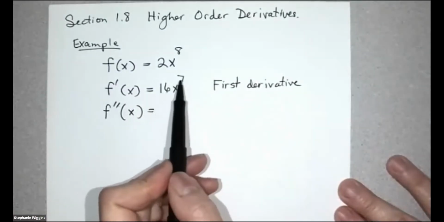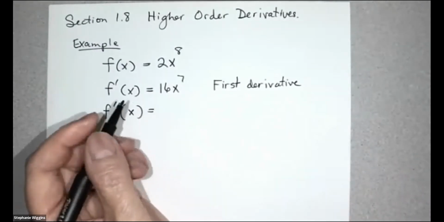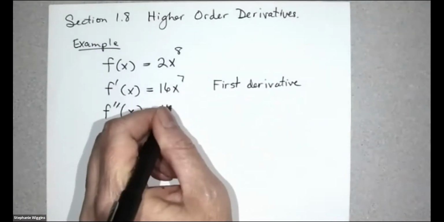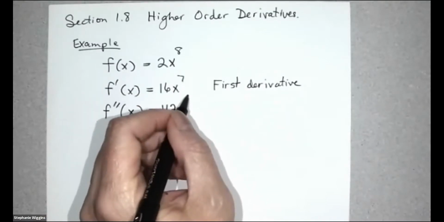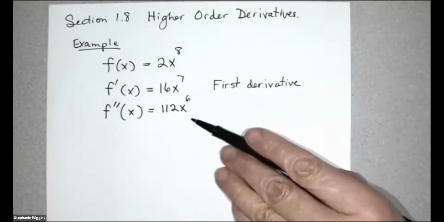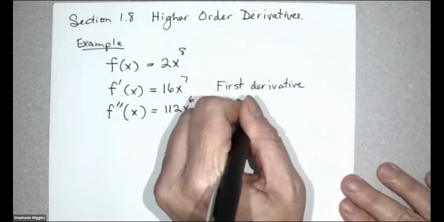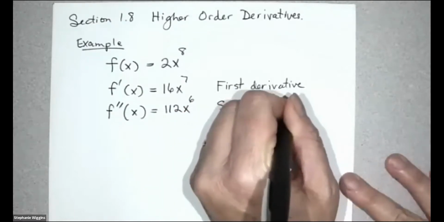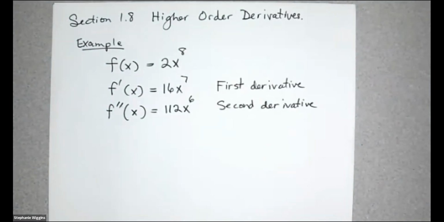So here's the derivative, 7 times 16, that would be 112. Then I'm subtracting 1 from 7, that's 6. So this is my second derivative. It's the derivative of the derivative. And that's what we mean by higher order derivatives. You can keep going, okay? You can take the derivative again, and then that would be f triple prime, if you will, okay?